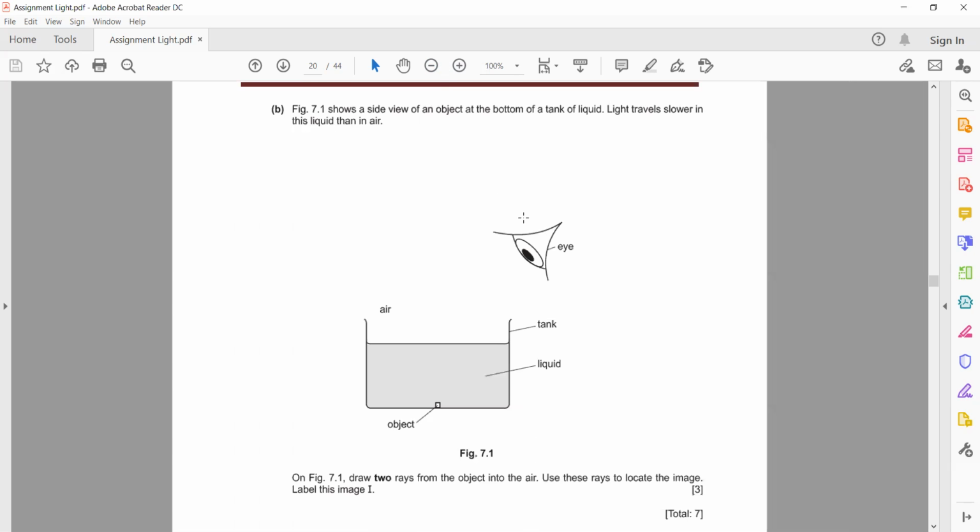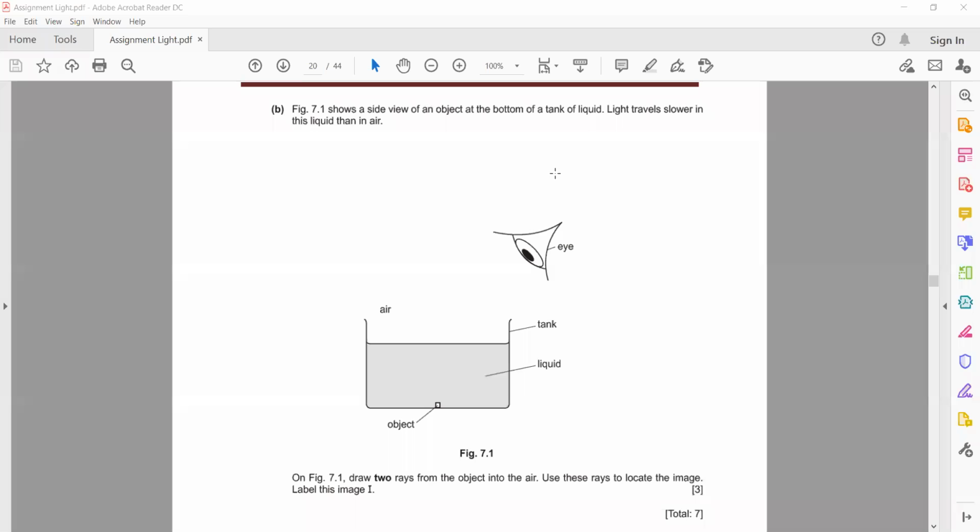Okay. Figure 7.1 shows a side view of an object which is inside, at the bottom of, the tank.